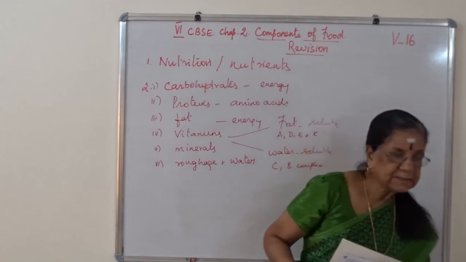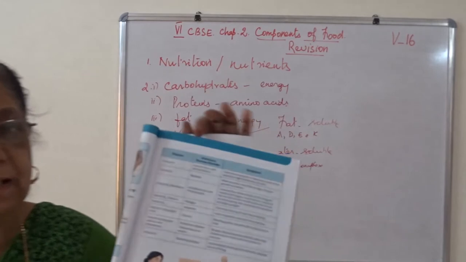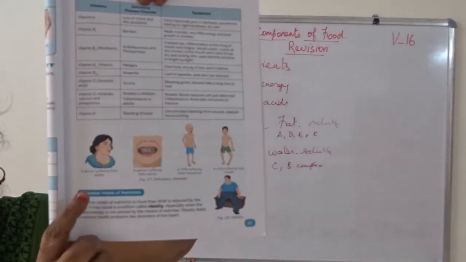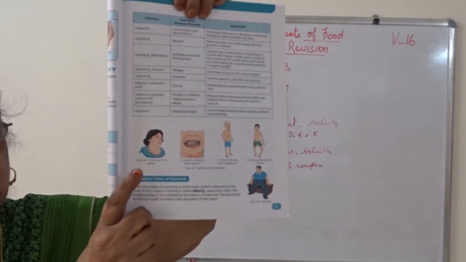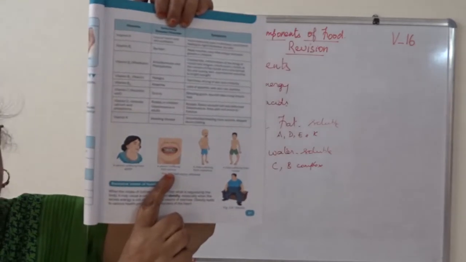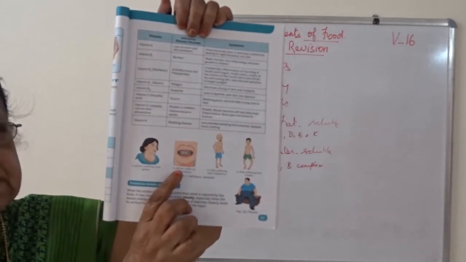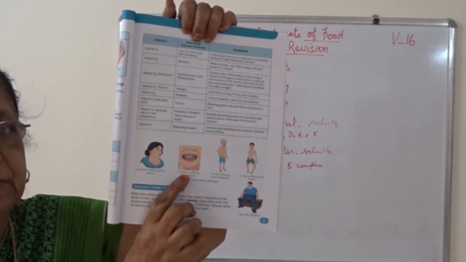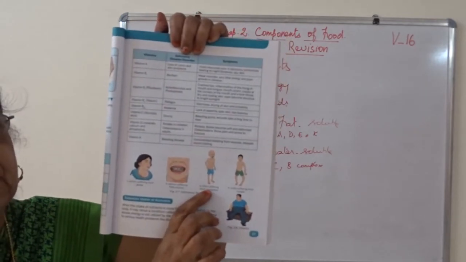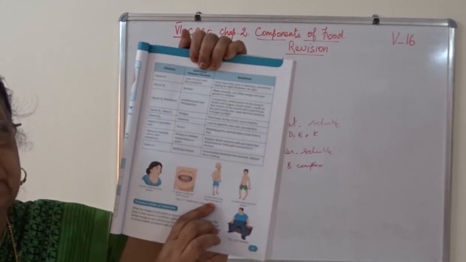We have this figure of a person suffering from goiter, a lady suffering from goiter. This is a person suffering from scurvy, vitamin C deficiency, and a person suffering from marasmus, which is protein deficiency.